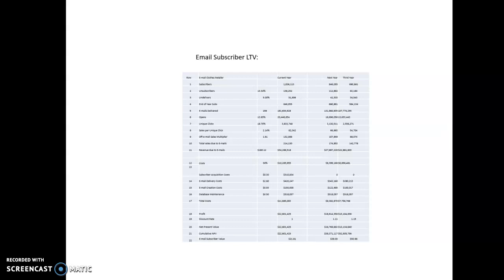And you look at opens and clicks and sales per unique click. The off-email sales multiplier we have not talked about, but we're actually going to get into it in our case study here in 800 Flowers in a minute. It's a fact that there are a number of people who will get and open an email that's an offer, yet not go ahead and click through to the site and purchase anything right then.